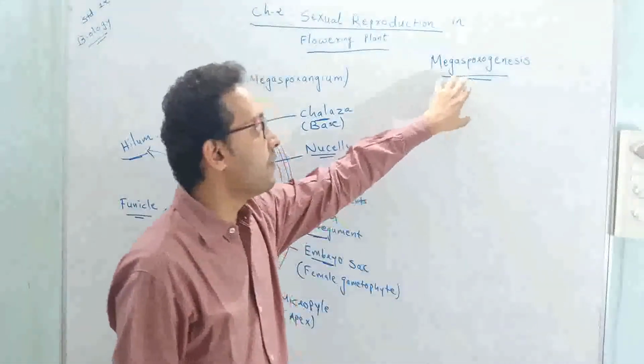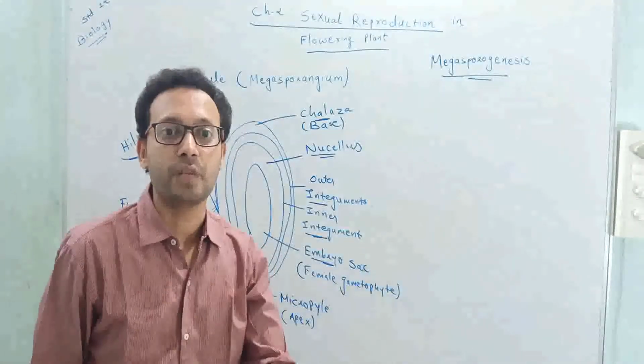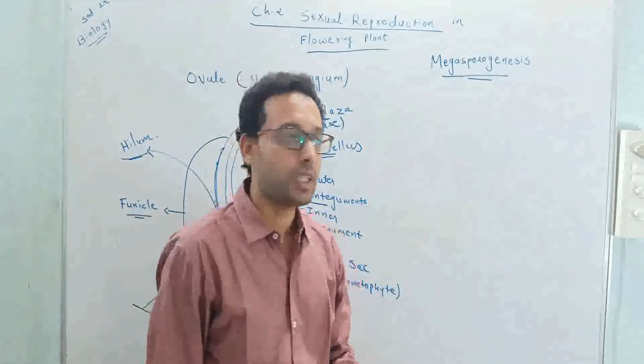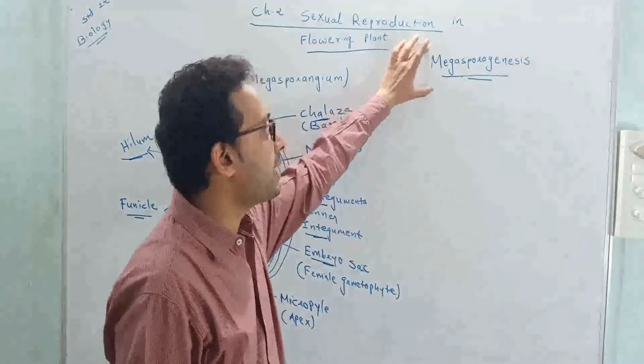But before that, we have to see the formation of the megaspore, because once the megaspore is formed, then the female gametophyte or embryo sac is formed. So first we will learn a process called megasporogenesis. What is megasporogenesis?